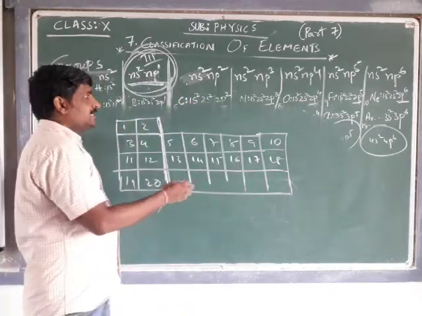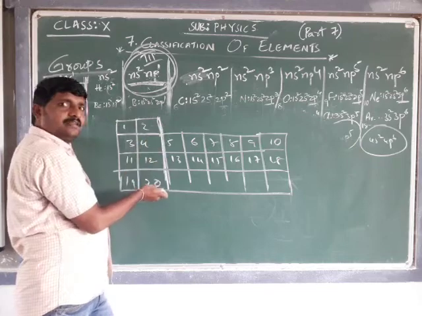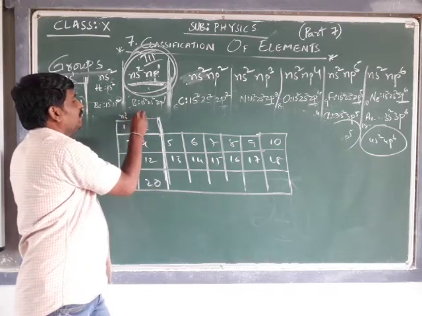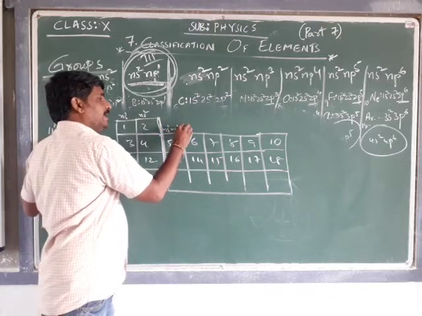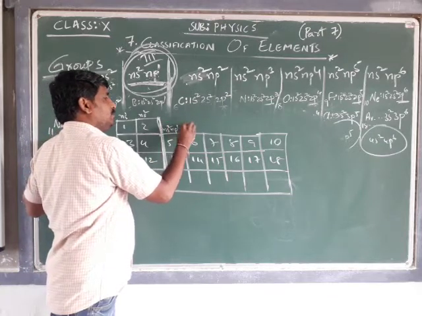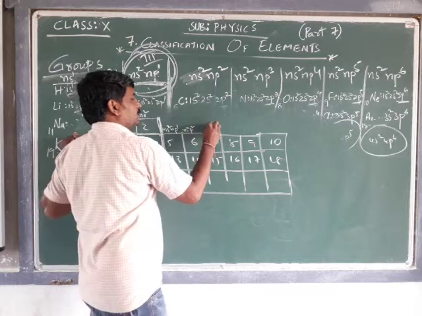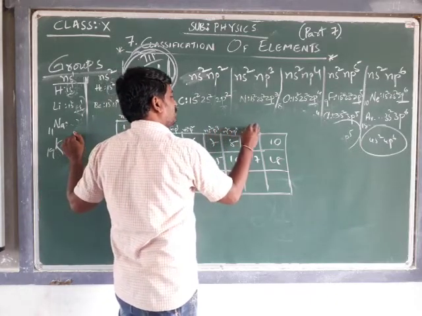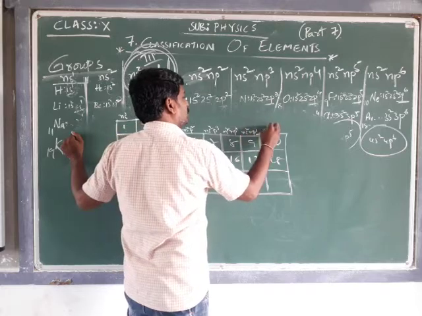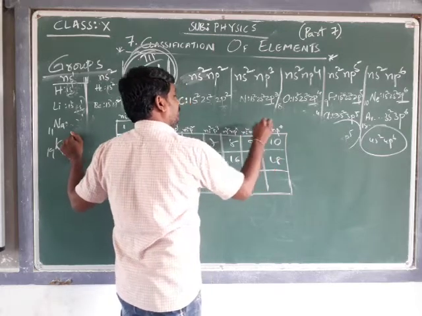See this concept, the same thing I am writing in tabular form. It is ns1, ns2, this is the ns2 np1 state, and ns2 np2, ns2 np3, ns2 np4, ns2 np5, ns2 np6.